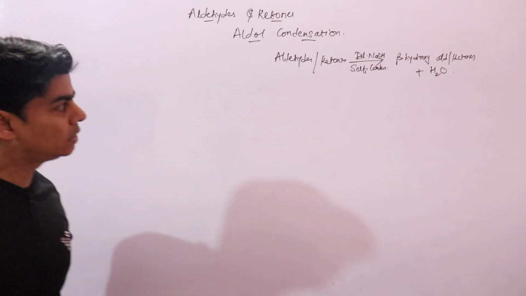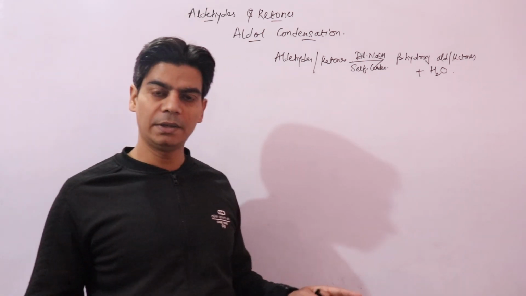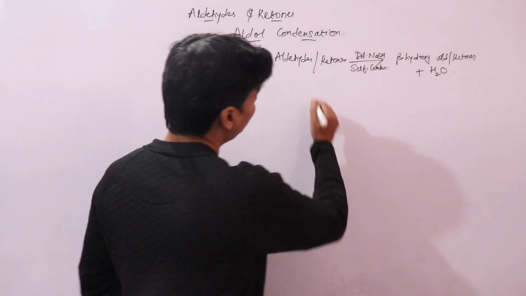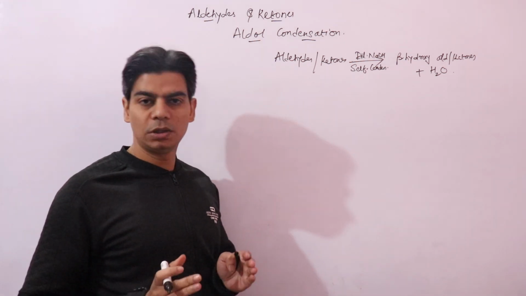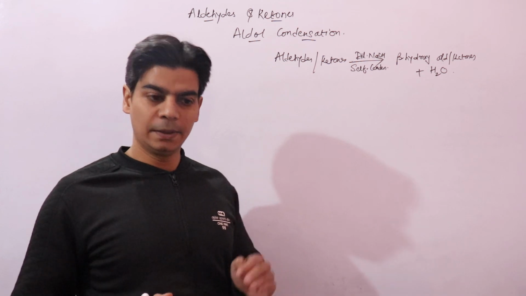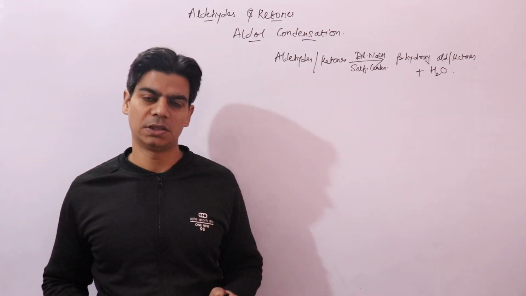Now the other thing to understand here is, if this aldol condensation is taking place between same aldehydes or ketones, for example, if this condensation reaction takes place between two molecules of acetaldehyde, then this is known as aldol condensation or simple aldol condensation.